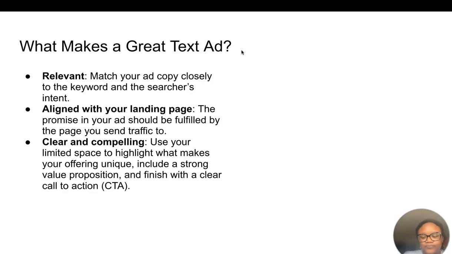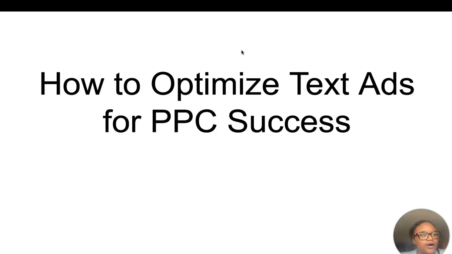Okay, so I want to talk about how you can actually optimize your text ads. Text ads play a crucial role in pay-per-click advertising. Often they're the very first touch point your brand has with potential customers.